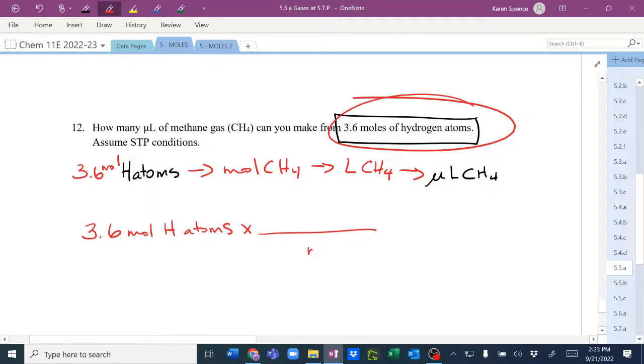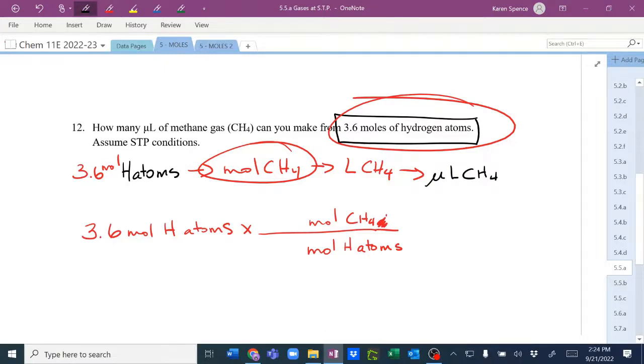I need to cancel moles of hydrogen atoms and find moles of CH4, not atoms. What's the ratio there? There's 4 H atoms in every one molecule. Now those are gone and we are now here.